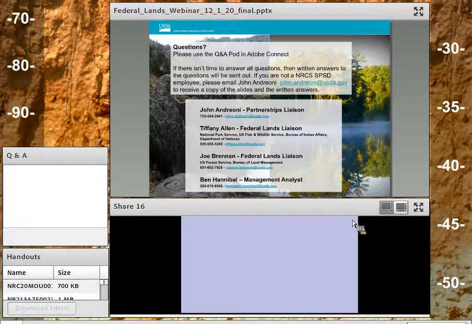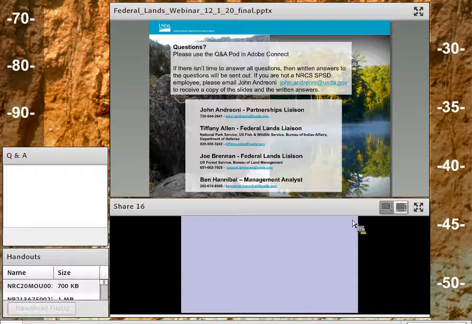Next question, which is coming from Alan, and he asked, could you go over again which agencies have a signed MOU and which do not? That can go to either Tiffany or Joe. I'll answer it. The NPS and Forest Service have signed agreements. BLM is in the review stage.